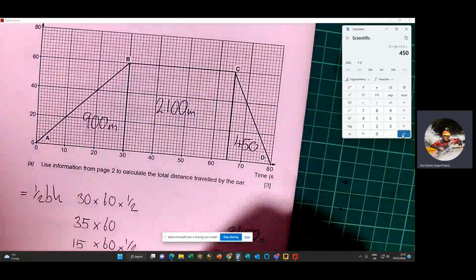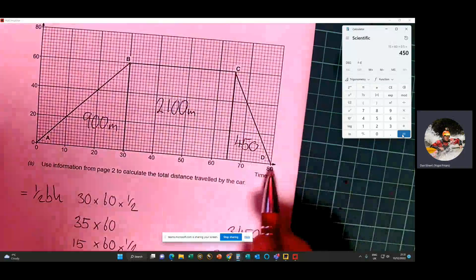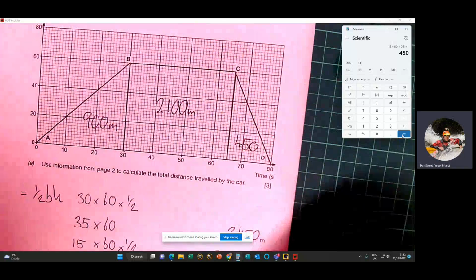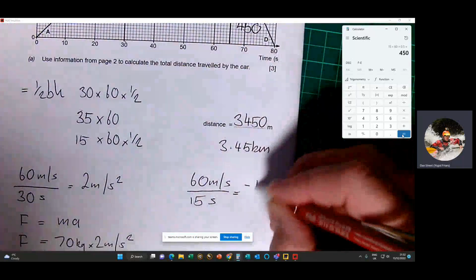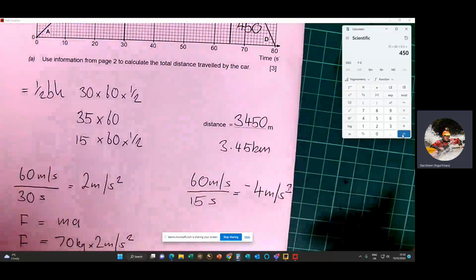But this time, the time over which that happens is shorter, okay, and it happens over only 15 seconds. That would give us a deceleration of 4 meters per second squared. So we could say that's minus 4 meters per second squared because it's a deceleration.